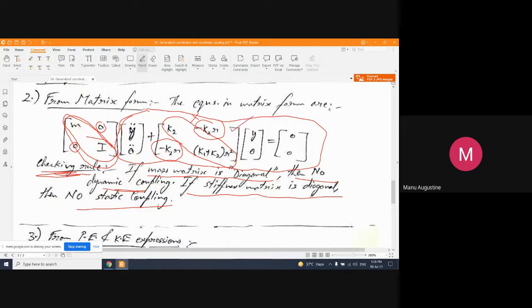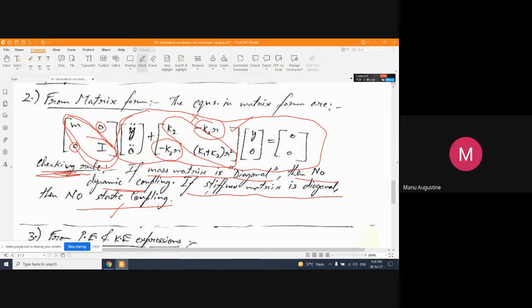And if it is not a diagonal matrix, then static coupling is there. Because the rule says, if the stiffness matrix is diagonal, then no static coupling. So we have a case which is opposite to the stated rule here. Your stiffness matrix is not diagonal, so you have static coupling.